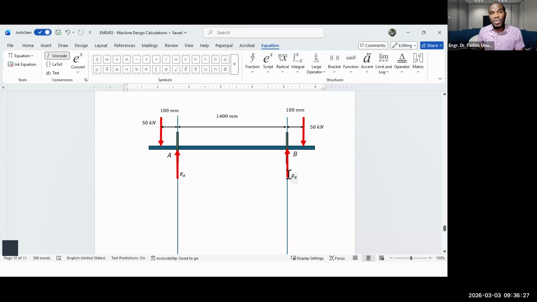Now, but let's look at RB. Let's take moments of RB about point A. If we pivot this whole system at point A and we apply RB at the point where it's acting, the tendency is for this system to rotate in this direction. You can see that this direction again is going against the normal direction that the second hand of your clock or watch goes. So this is also anti-clockwise. All right.